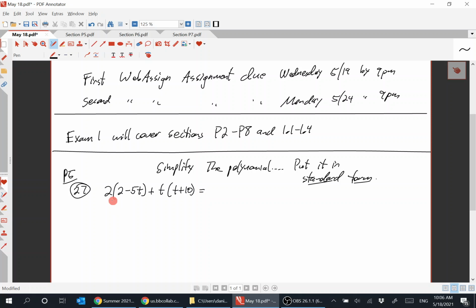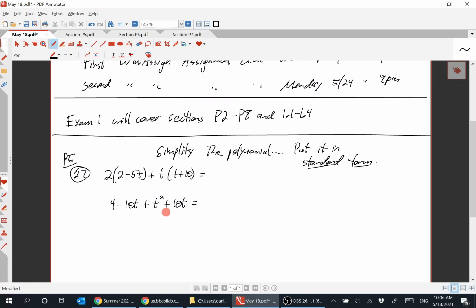Okay, so in order to do that, first let's multiply the 2 with the 2 minus 5t. So 2 times 2 is 4, minus 2 times 5t is 10t. Plus, now let's multiply the t through here. T times t is t squared, plus t times 10 is 10t. All right, so now let's add the corresponding powers of t. Starting with the highest power of t, I have t squared.